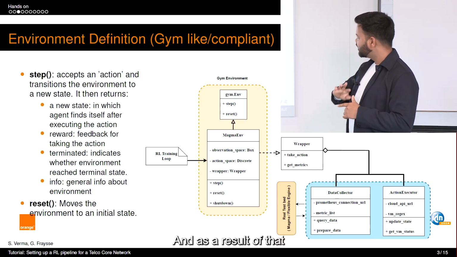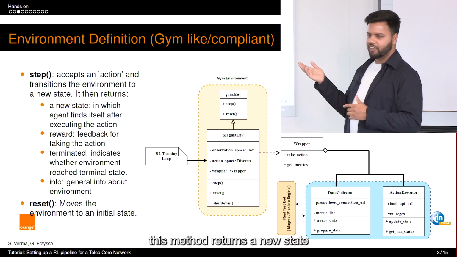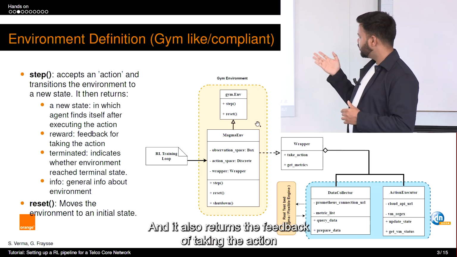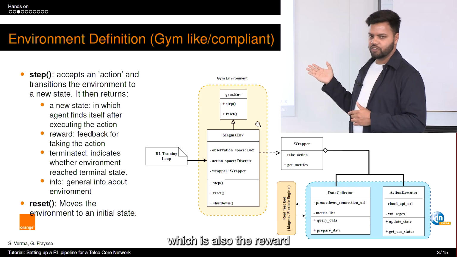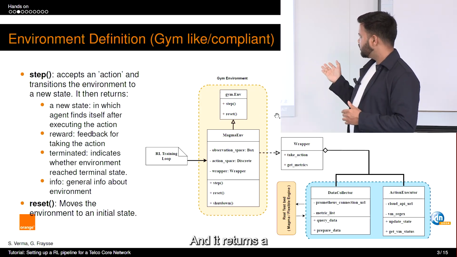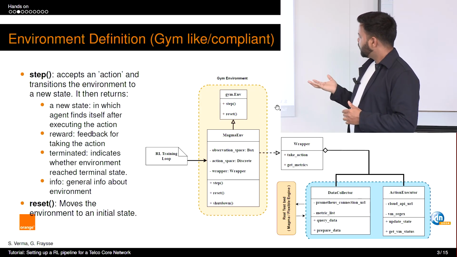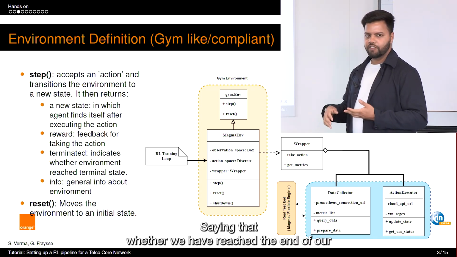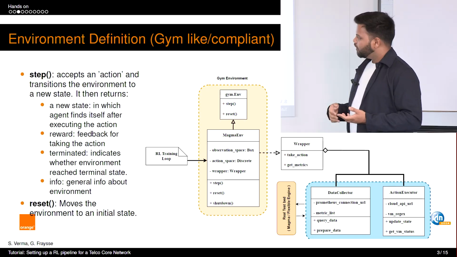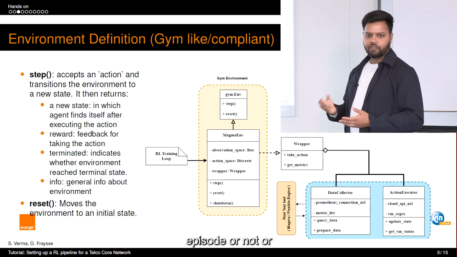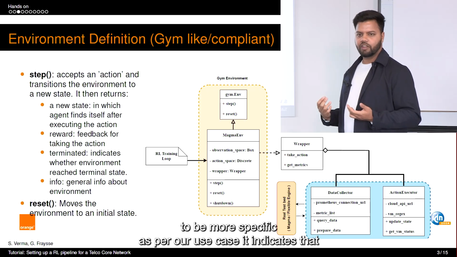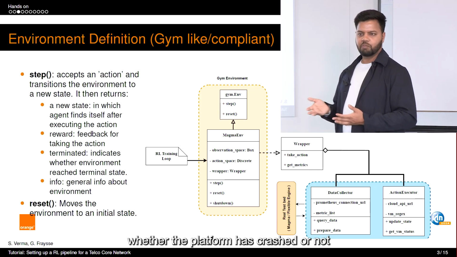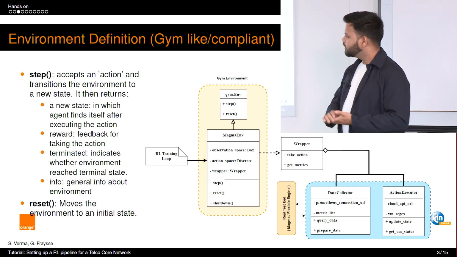As a result, this method returns a new state, and also returns the feedback of taking the action, which is the reward. It returns a Boolean value saying whether we have reached the end of our episode or not, or to be more specific, as per our use case, whether the platform has crashed or not.